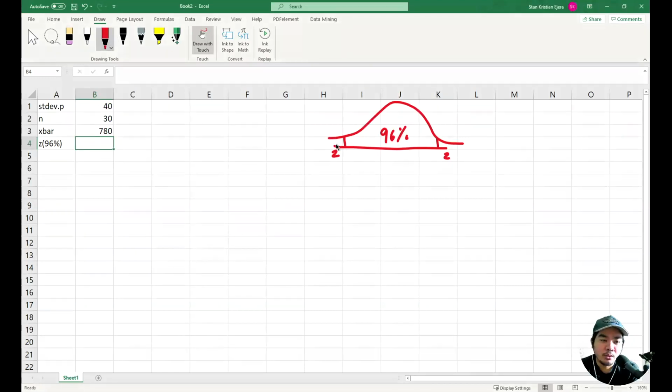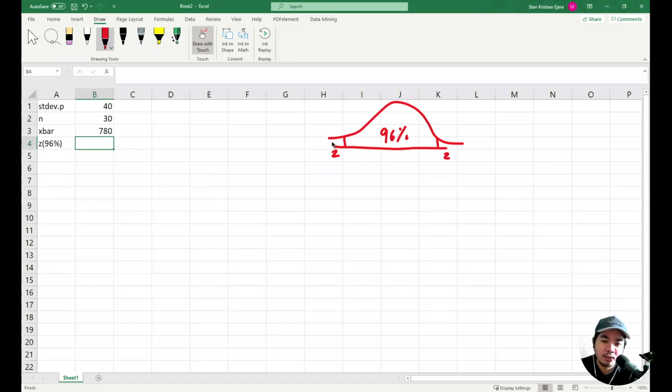Okay? So usually, pagka hindi sinabi kung whether one-tailed test siya or two-tailed test, we say na two-tailed test siya. And for estimations, since we are estimating, no, usually we do two-tailed test yan. Pero there are cases wherein we do one-tailed test, no, and later I'll show you how we can identify one-tailed test versus two-tailed test.